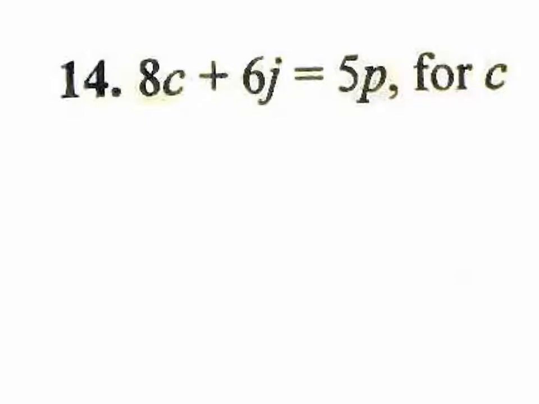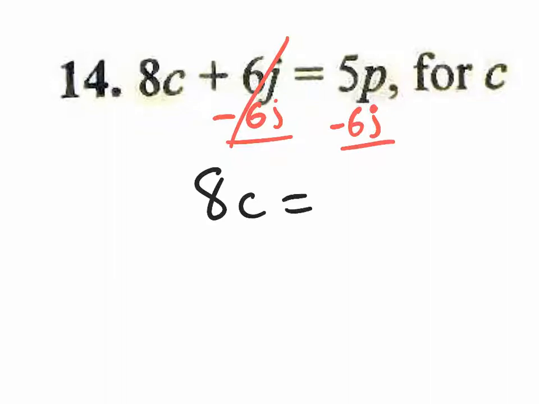So you want to solve for c, and c is right here. So what do I get rid of first? The 6j. How do I get rid of that positive 6j? By subtracting it, by taking it away, because that'll become nothing. What you do to one side, you do to the other. We have 8c that comes down equals 5p minus 6j.